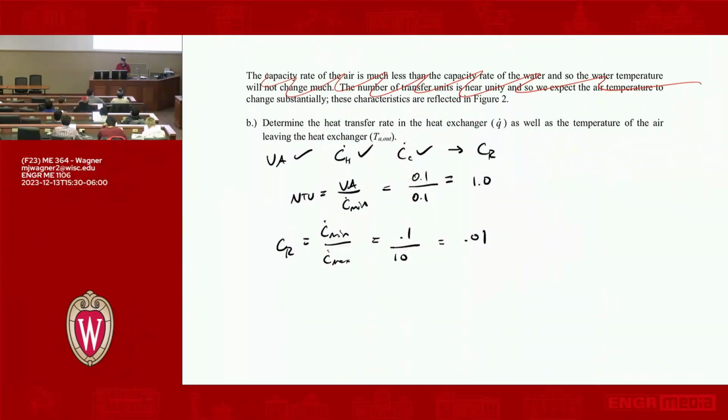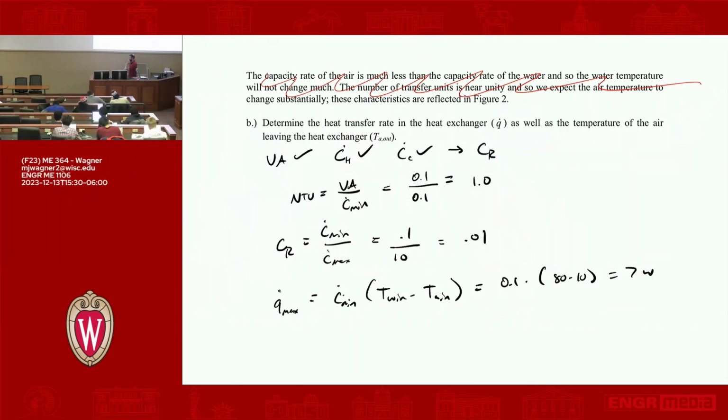So Q dot max is going to be C dot min times T water in minus T air in. That is 0.1 times 80 minus 10, and that equals 7 watts. So I know the maximum amount of energy that I could transfer.